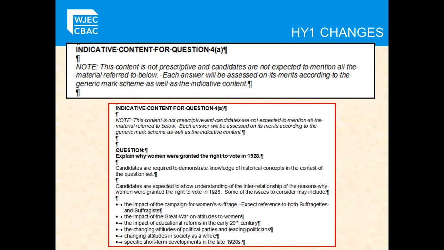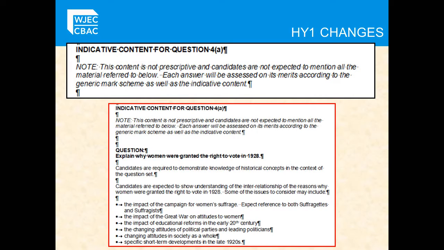They will then go on to provide some content information. It is worth noting the phrase in this section that some of the issues to consider may include, which reinforces the message that not every single issue has to be considered and that not every issue has been included in this summary.